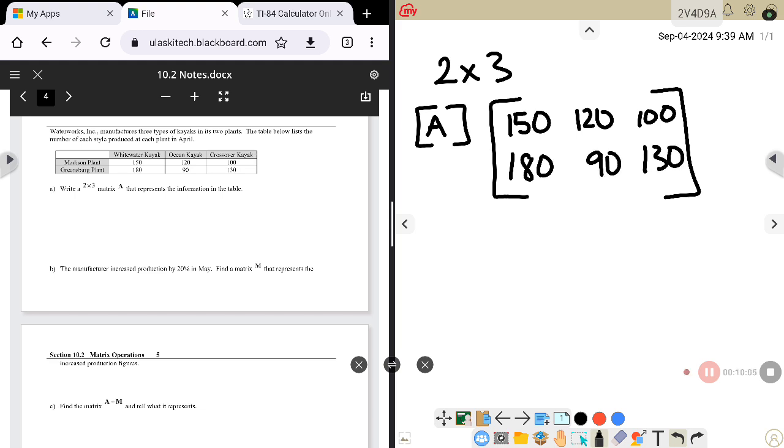So that was for April. The manufacturer increased production by 20% in May. So we're going to call this next one matrix M. To find matrix M, I can either go through and multiply all those by 0.2, or I could do that in my calculator.